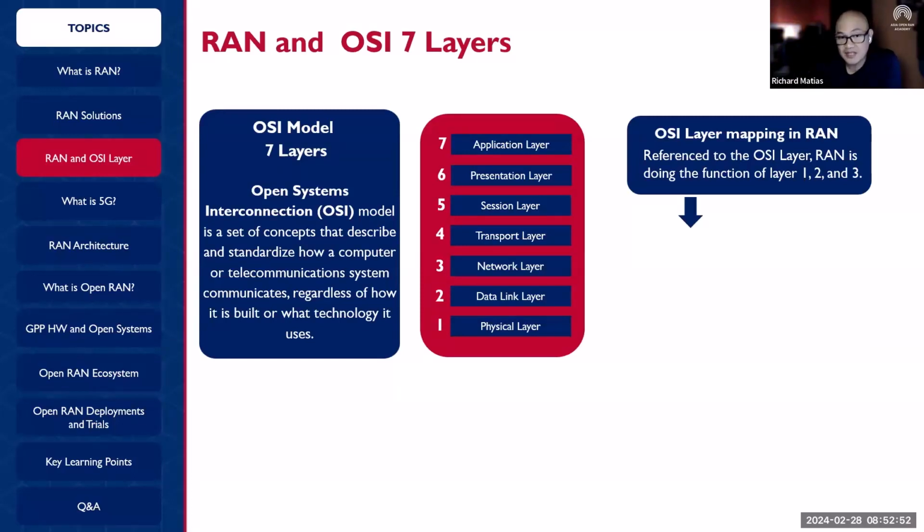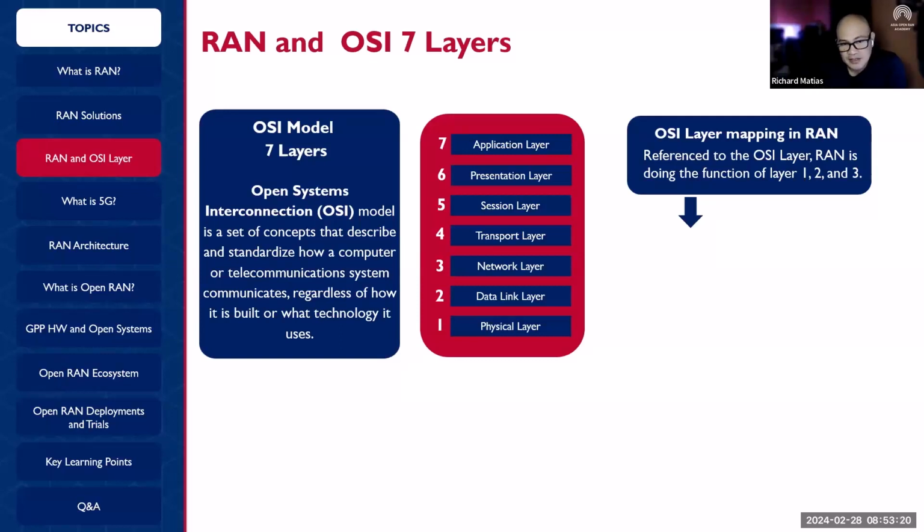So we have 7 layers: from the bottom, physical layer, data link layer, network layer, transport layer, session, presentation, and application. The physical layer is responsible for the transmission and reception of raw data over a physical medium, so it includes copper or fiber optics.